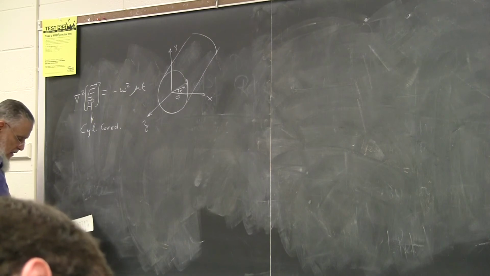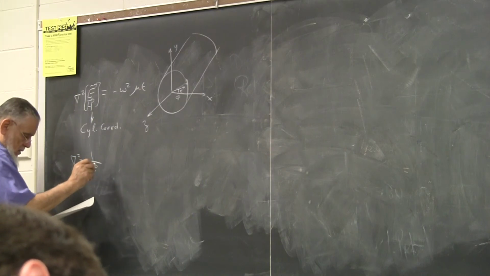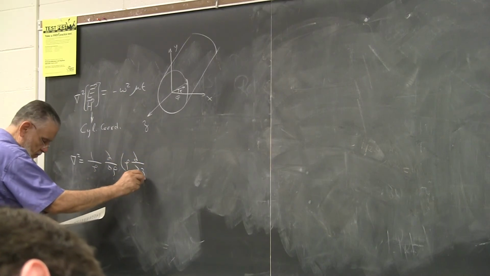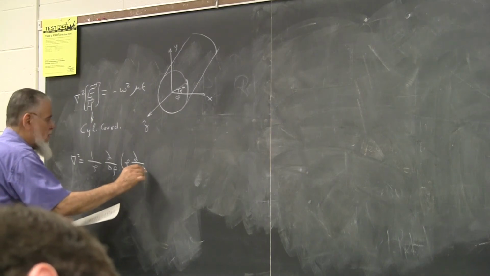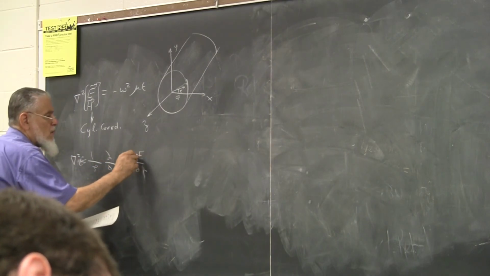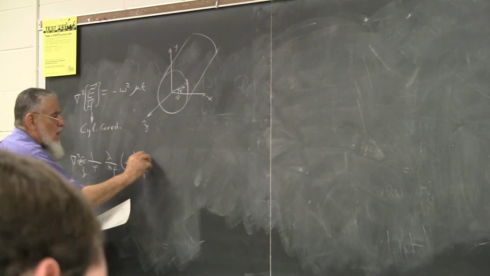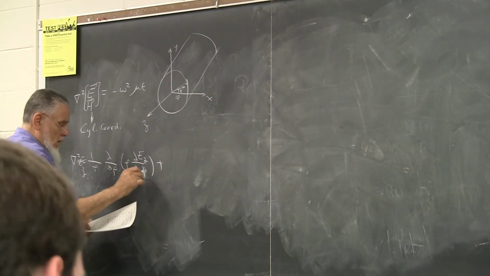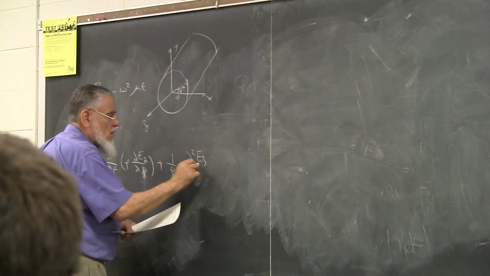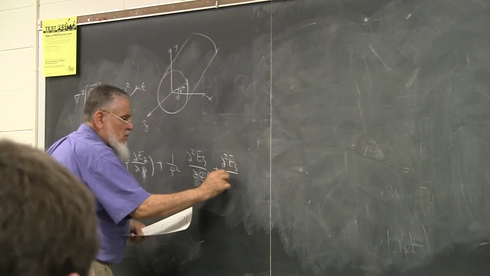So del squared in cylindrical coordinates is equal to 1 over rho, partial with respect to rho, of rho partial of, let's say, E, so that would be E sub z, plus 1 over rho squared, second derivative of E sub z with respect to phi squared, plus second derivative with respect to z squared.